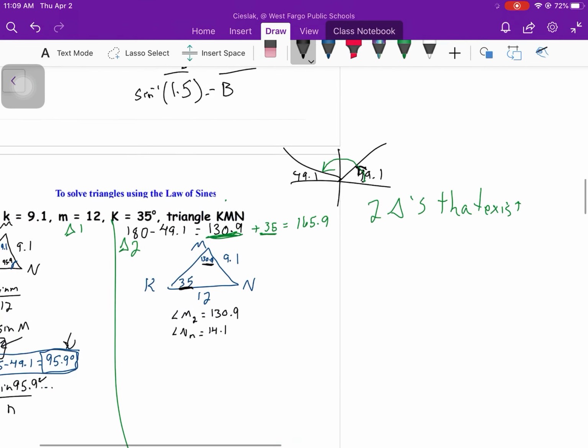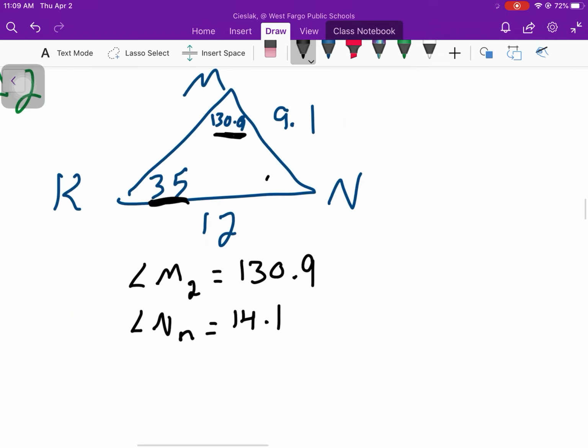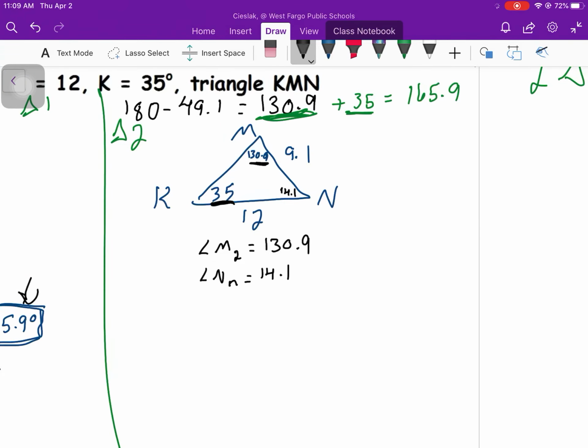Again, remember that's a rounded value. Technically we should keep the whole thing, but again, I'm not going to be super picky. So really the only other work I have here to do is go sine of 14.1 over n is equal to, start off with the given stuff, sine 35 over 9.1.